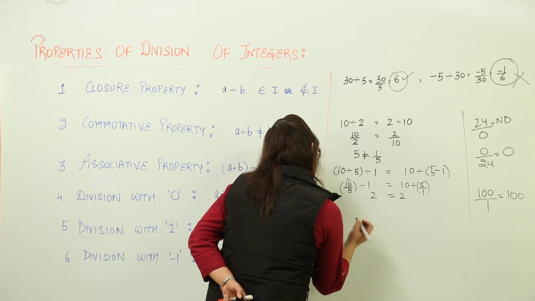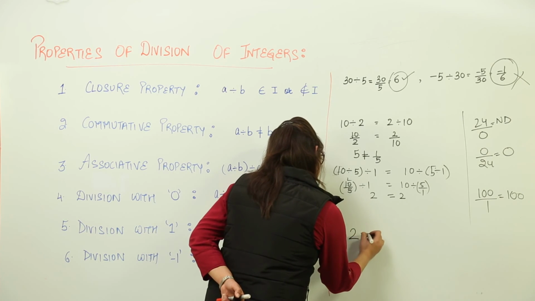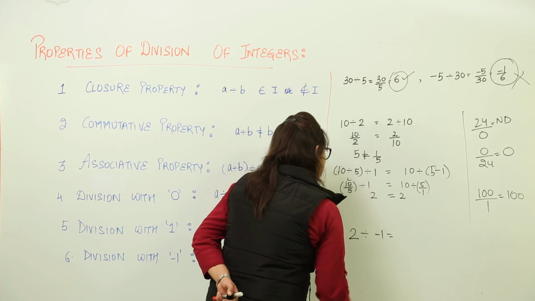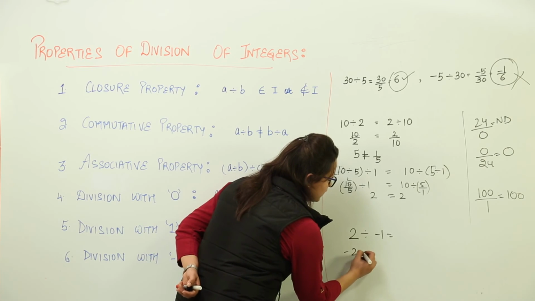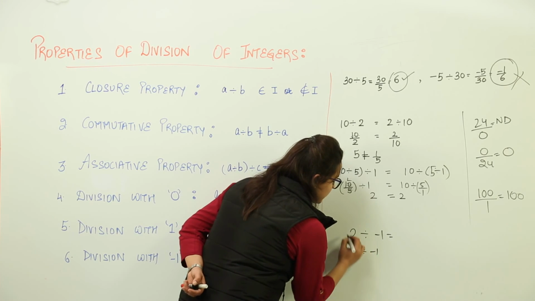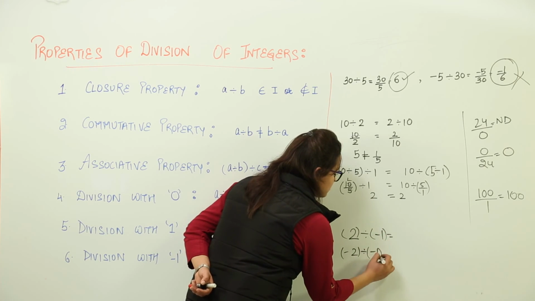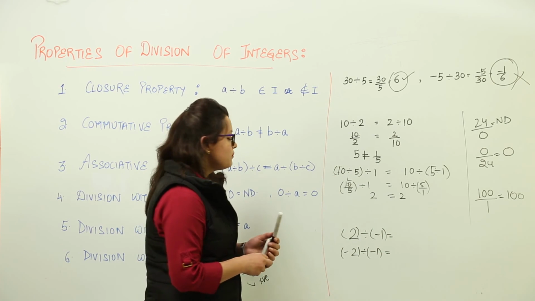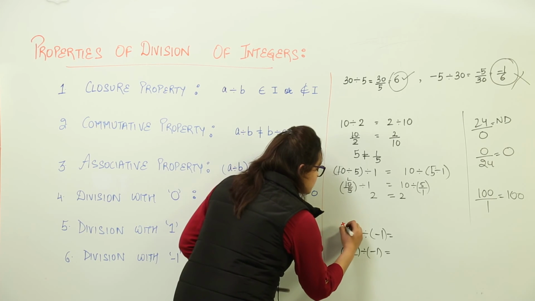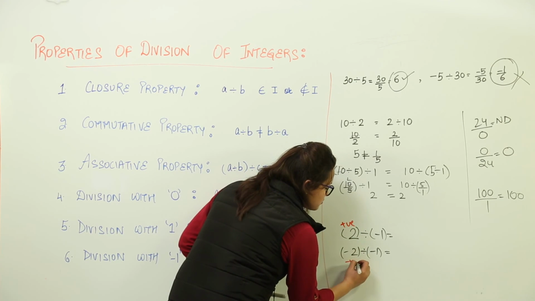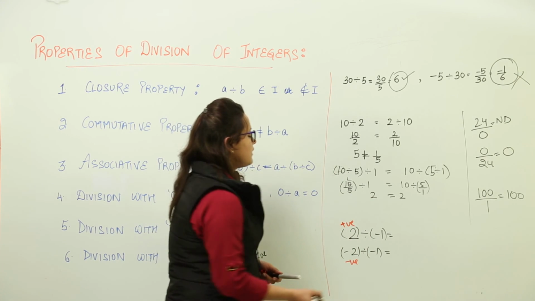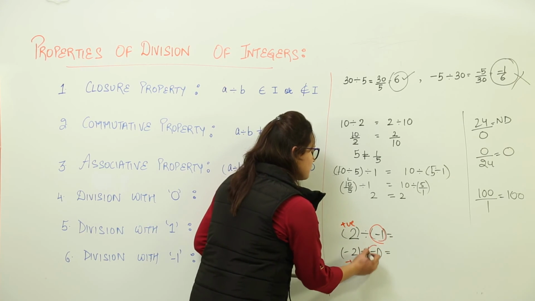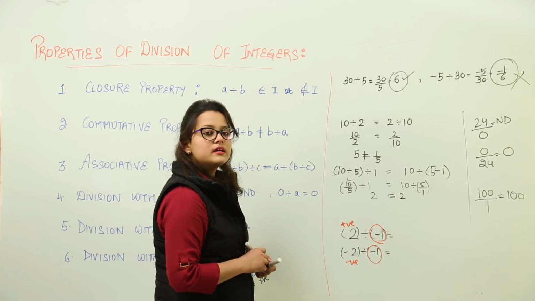Let's say you are taking 2 divided with -1, and the other way you would take -2 divided with -1. Now please pay attention to the examples that I have taken. I have taken 2 and -2. Here 2 is a positive integer, whereas -2 is a negative integer, and I am dividing both of them with -1. What is the answer that I am going to get?